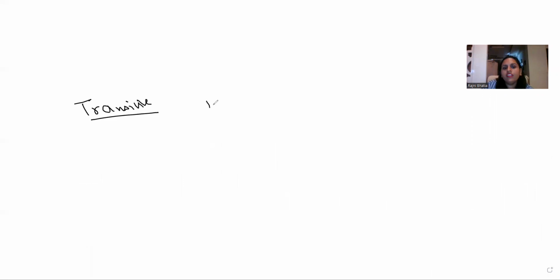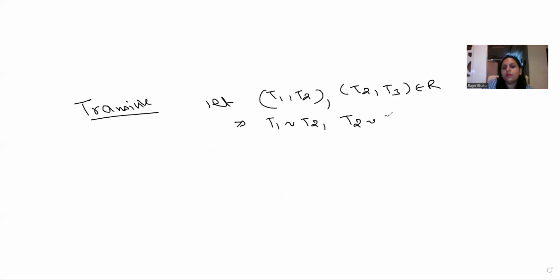For transitive, we will write, let T1, T2 and T2, T3 belongs to R. This implies T1 is similar to T2, T2 is similar to T3. Now by that same logic, if T1 is similar to T2, T2 is similar to T3, that means the sides of T1 and T3 will also be proportional.